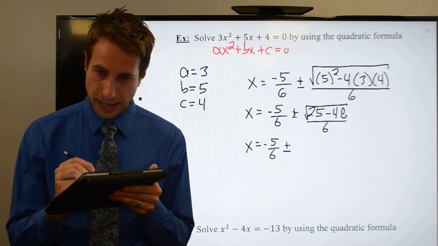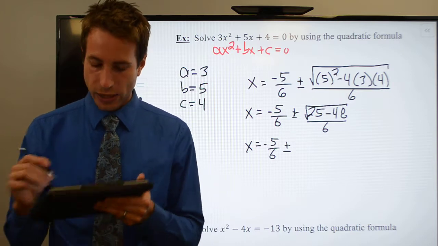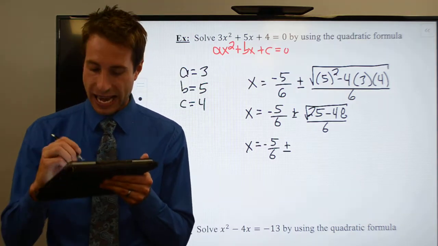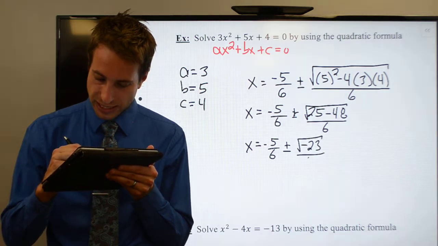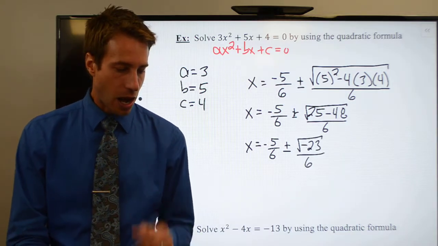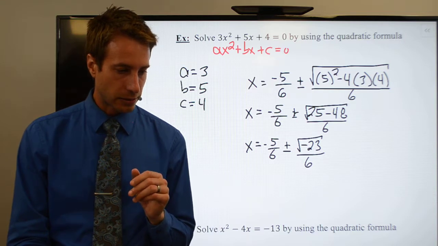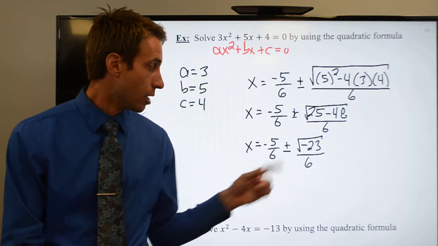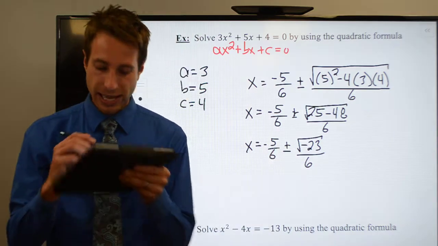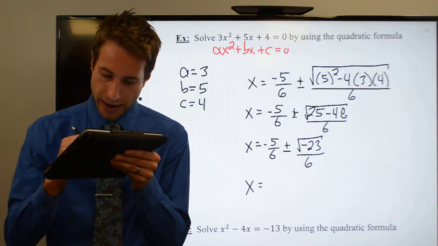Which means you wind up with -5 over 6 plus or minus the square root of -23, which is definitely going to be imaginary. 23, I can't split it up, so we just pull out the i, that's all you can do.